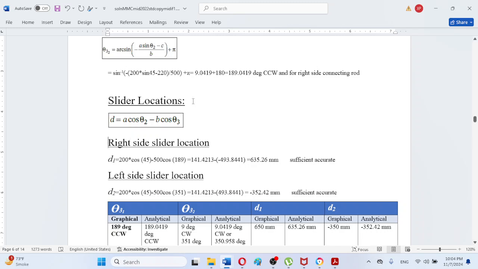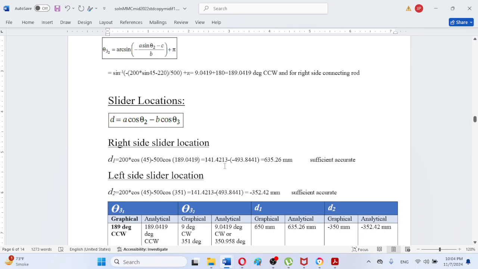location. So as we can observe, for the right hand side slider location, the angle theta 3 is actually 189.0419, so input here the exact analytical value.